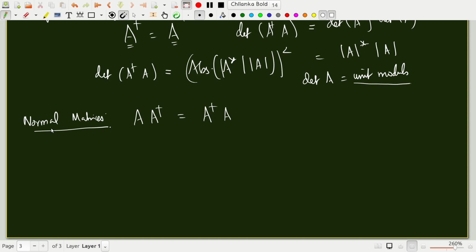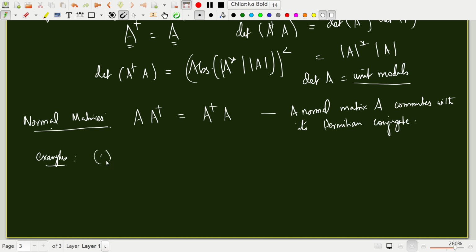But if A is normal, then if you multiply A by A dagger, it's the same as A dagger times A. That is, a normal matrix A commutes with its Hermitian conjugate.